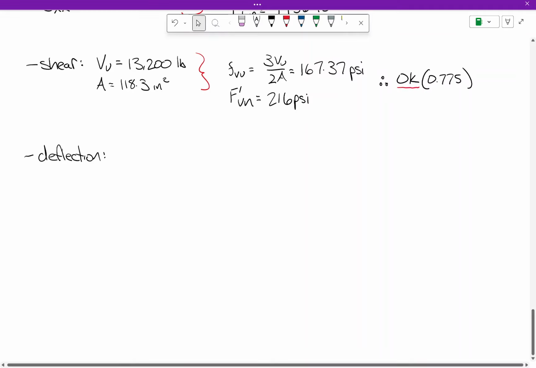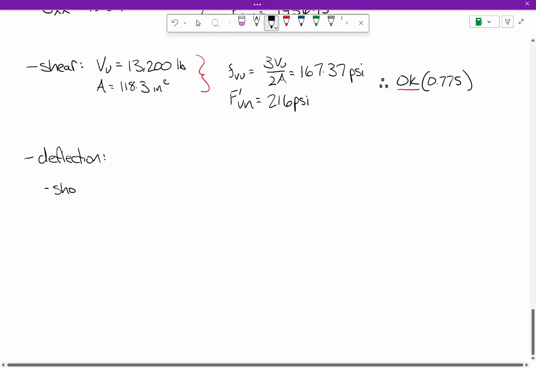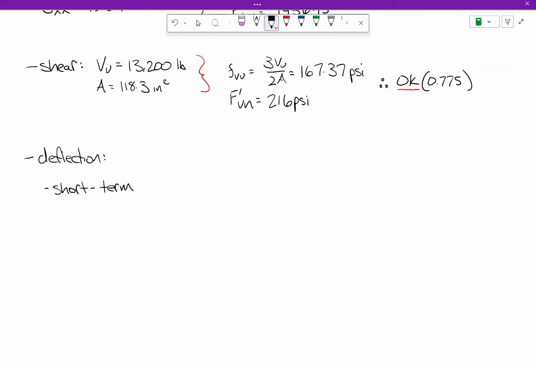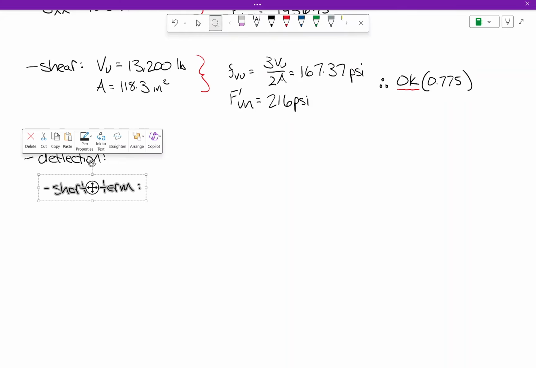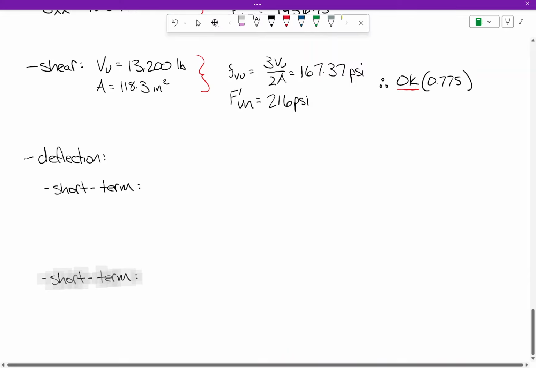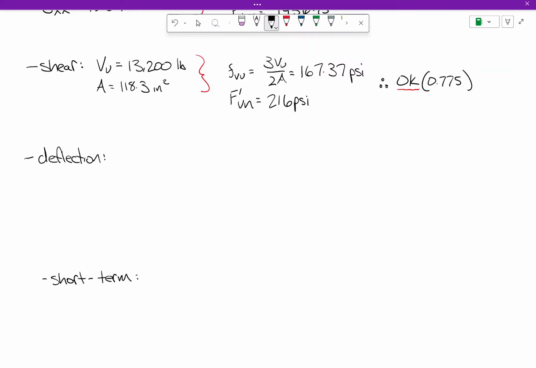We've got 2 limits. We have short-term and long-term. So before I do that, though, let me drag this down a little bit. Let's just make sure we have our values. I'm just going to have them referenced right up here.